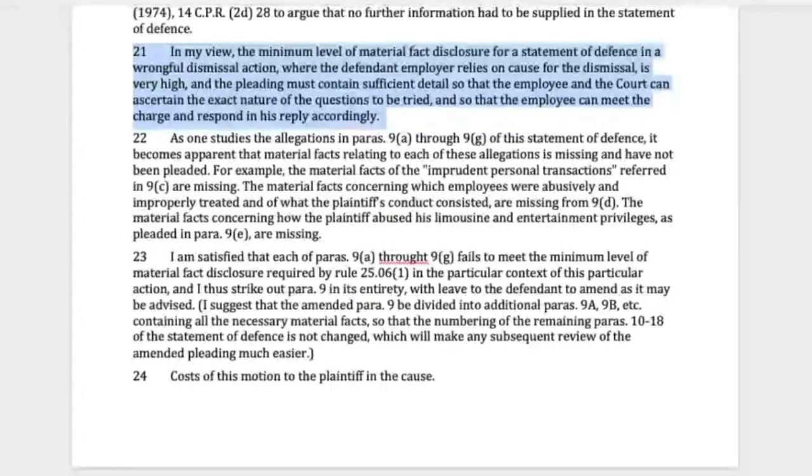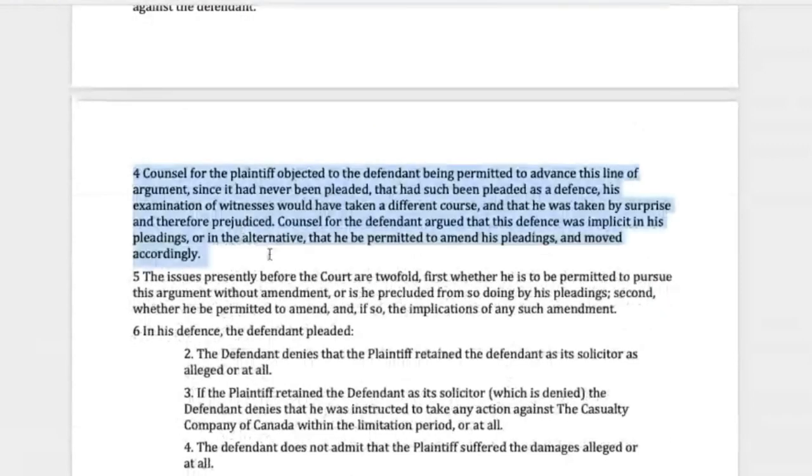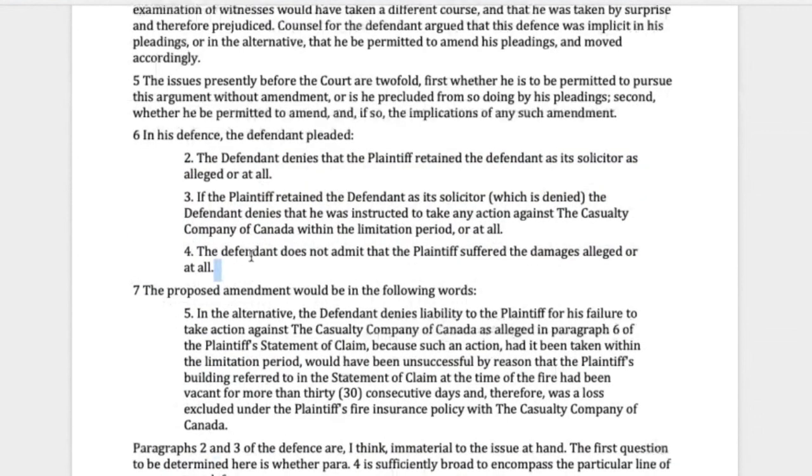So the judge does not buy this, right? The judge said, paragraph 4, I'll just highlight it so people got it here. The defendant, Ross, the solicitor, is saying that I told the plaintiff in my statement of defense about the vacancy argument.